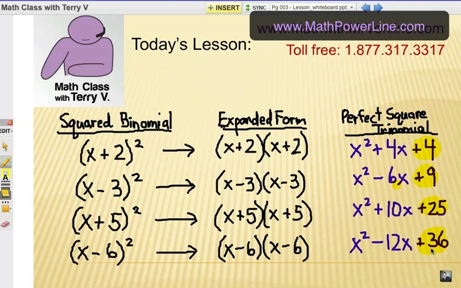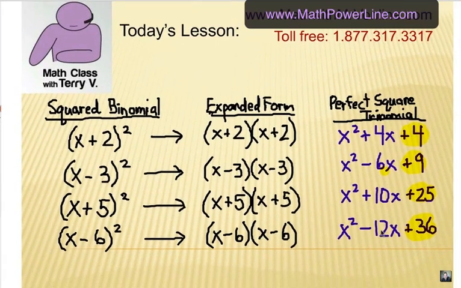All right, so here is the rule. We're going to take the middle term coefficient, which is negative 12 in this last example, find half of it, and then square it. So it's half of the middle term and then squared.